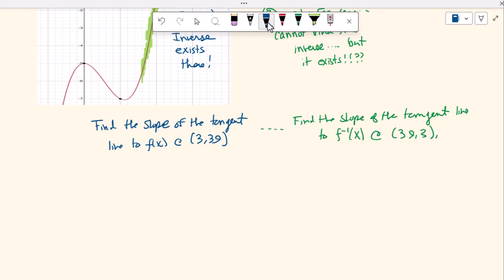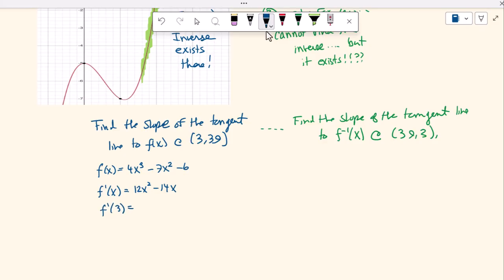So let's pop over to the original. Our original function again was f of x equals 4x cubed minus 7x squared minus 6. Now my derivative is then 12x squared minus 14x, and I want to evaluate this at 3. And why at 3? Because that's the point they gave me to evaluate it at.